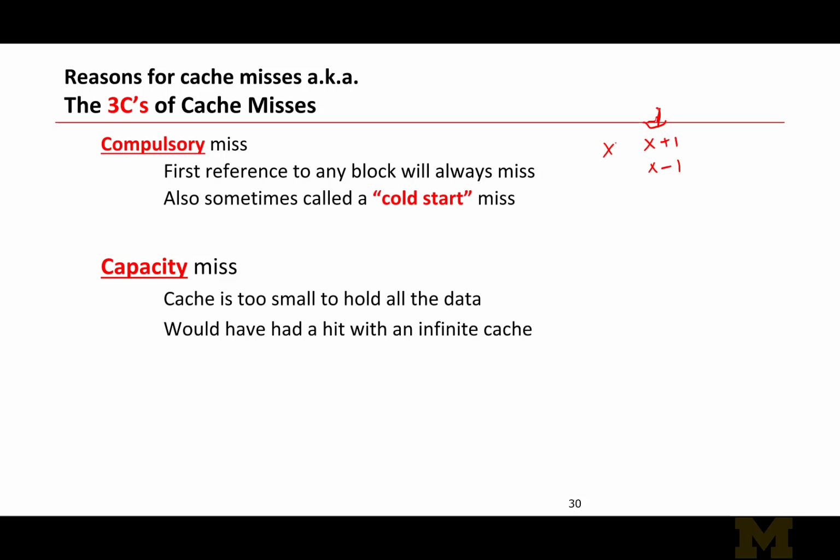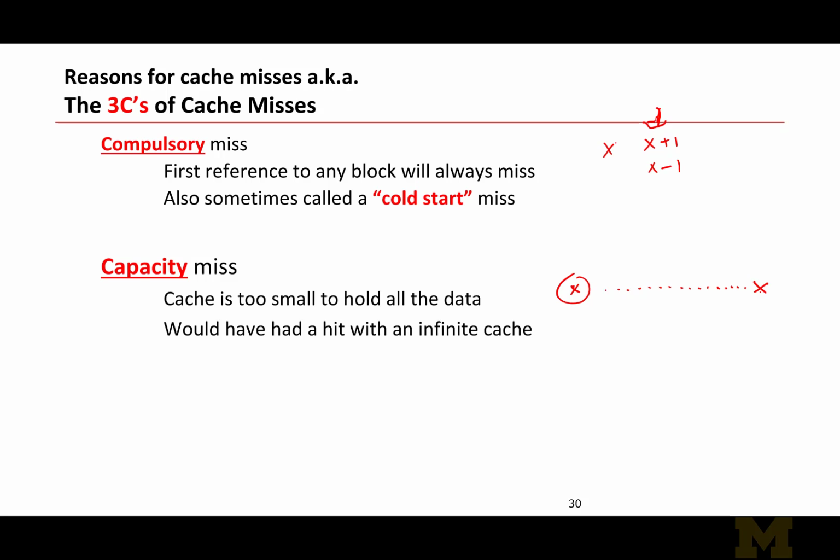So for example, if I accessed a location X and then I accessed a number of other locations and ended up filling up my cache, and now I no longer have space for more cache blocks and I keep accessing more cache blocks, then bringing those cache blocks into the cache is going to evict the one that contains the address X. So later when I access the same address X, I may encounter a miss.